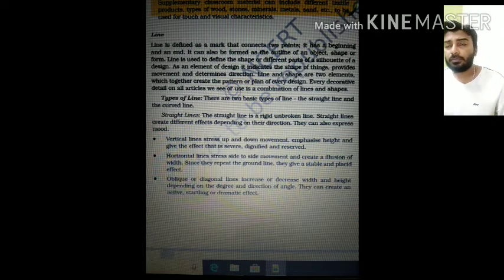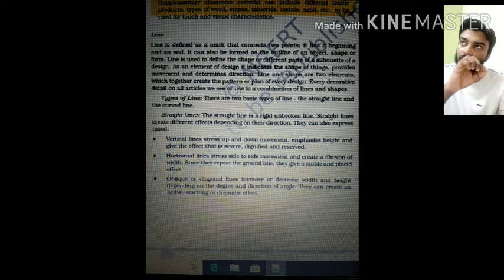Every decorative detail on all articles we see or use is a combination of lines and shapes. When a garment is made, and it will be dyed or some kind of texture will be given to it, first of all, lines are made on it. The lines can be crisscross or straight lines.